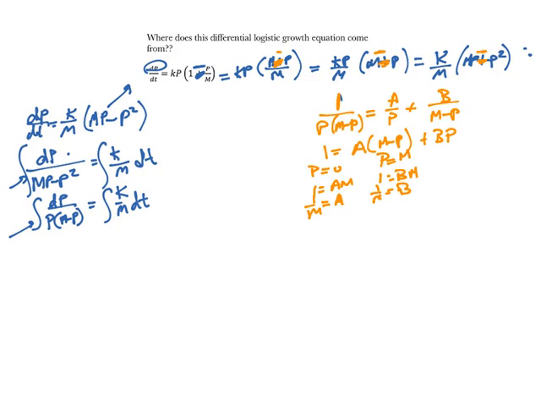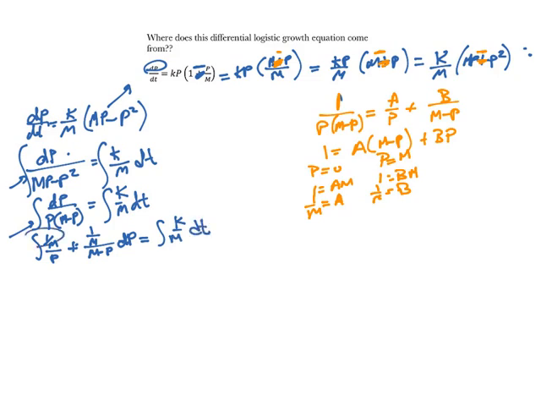So going back to my integral over here, I have the integral of 1 over m over p plus 1 over m minus p dp equals the integral of k over m dt.